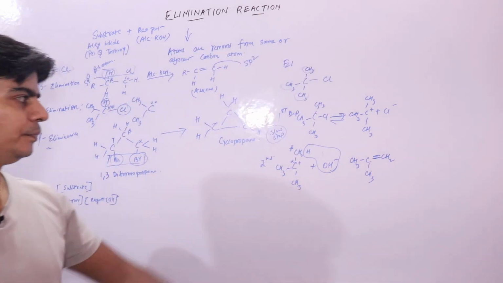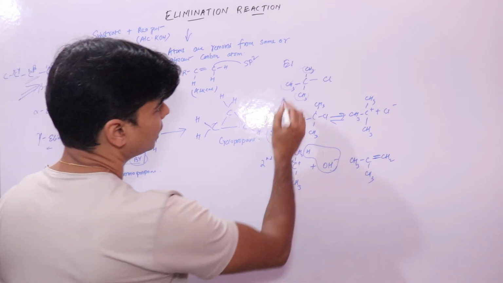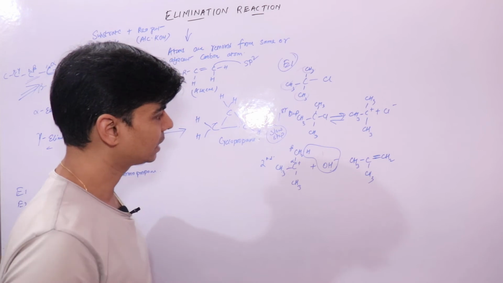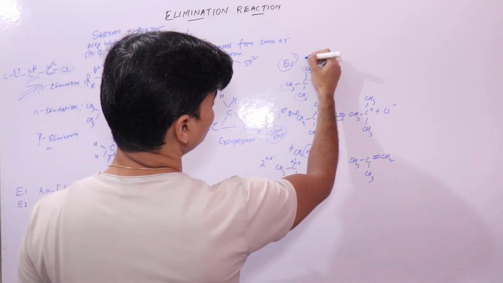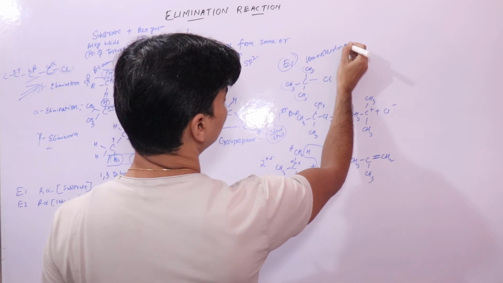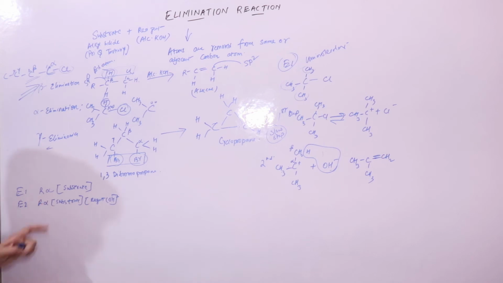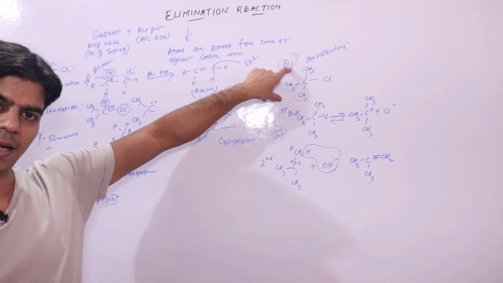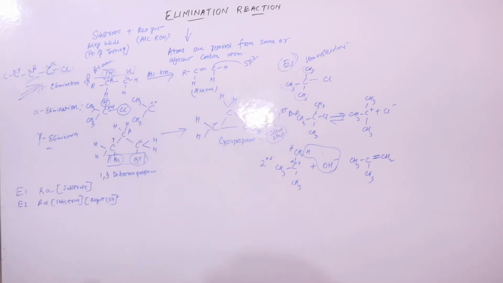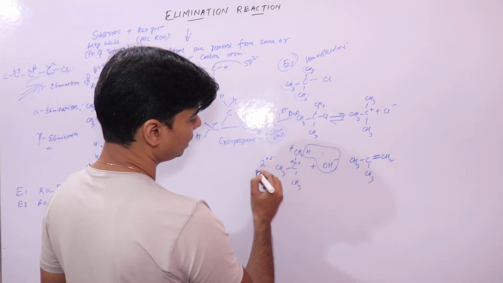This is your alkene. Now here one important thing to understand is, I said that E1 elimination reactions are unimolecular. That means the rate of reaction of E1 elimination reactions depends on the concentration of substrate, that is, alkyl halide only. Why? Because if you look at this reaction, this is a 2-step reaction.